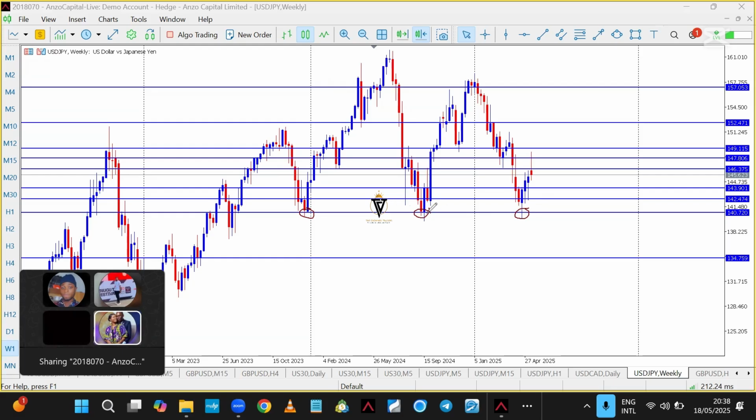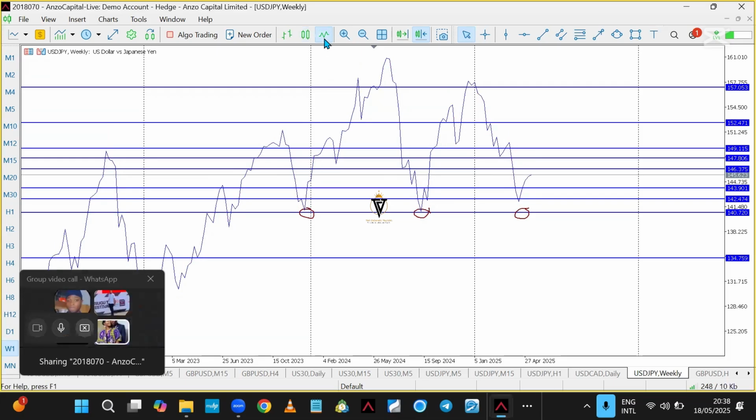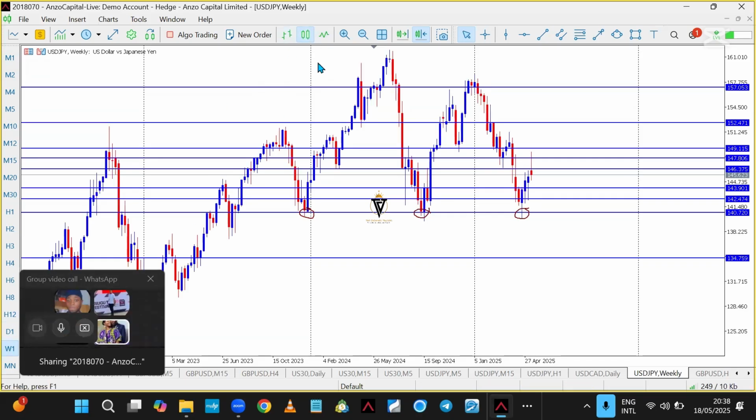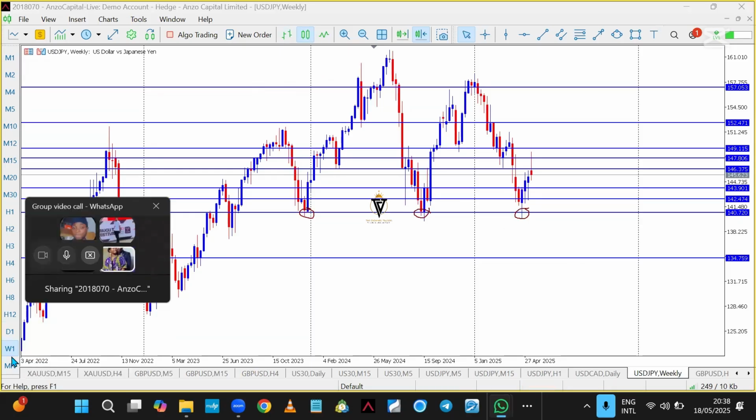That's noise. The real data did not capture those wicks. The real data captured only those points that it reacted. Are you seeing that?